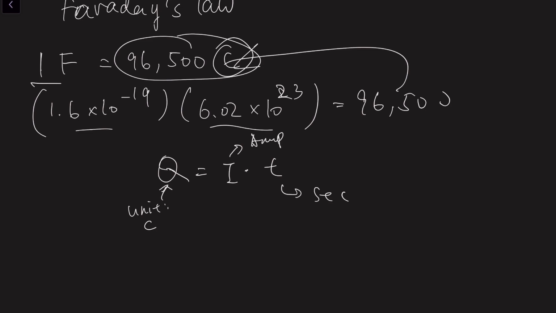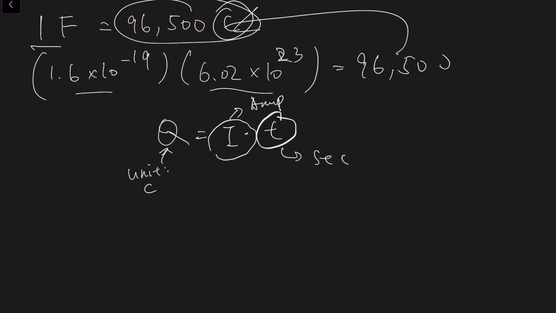So this tells you the amount of current you have times the time of your electrolysis is equal to the total amount of charge supplied. And this also makes sense because I is basically the amount of charge that passes through your system per second, and T is how many seconds you have. When you multiply these two quantities together, you get the total amount of charge passed through your system.